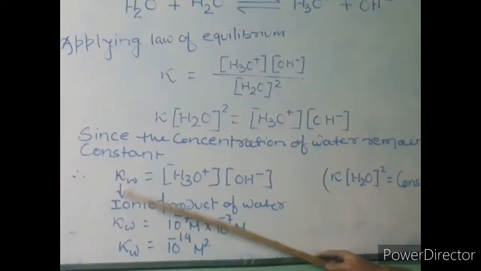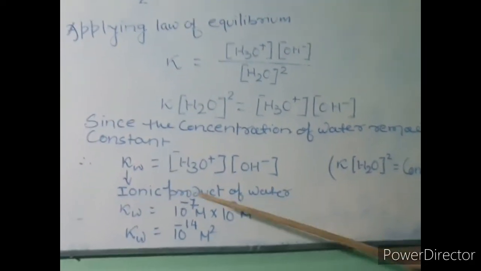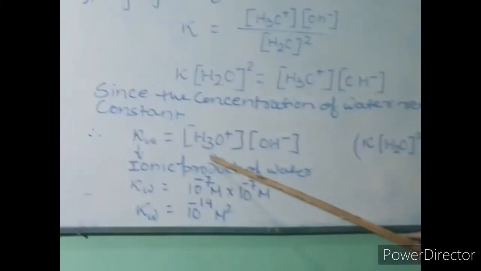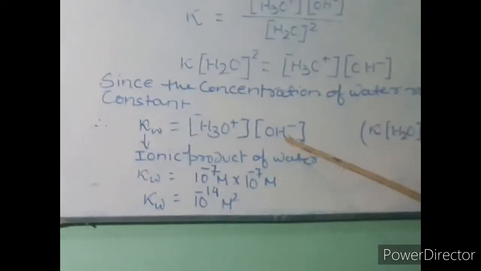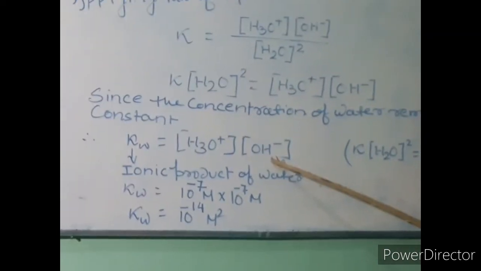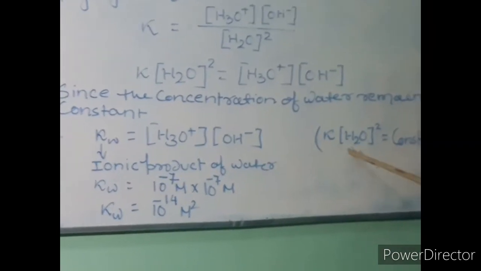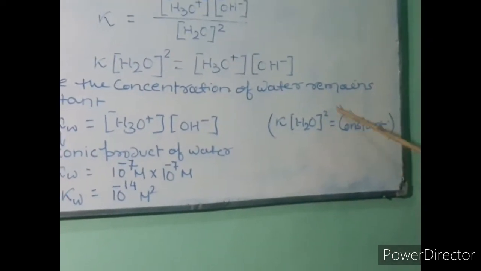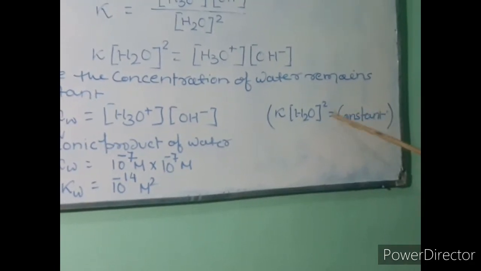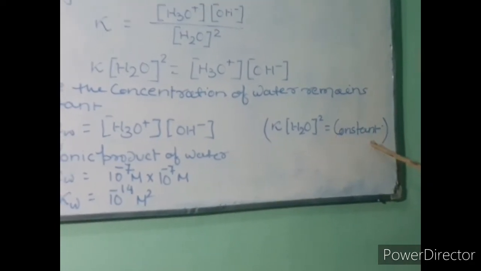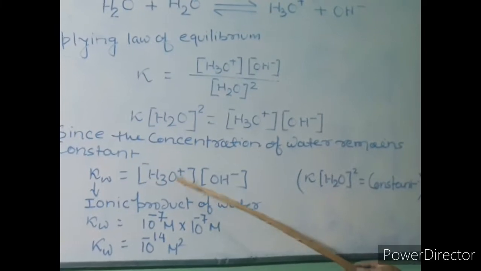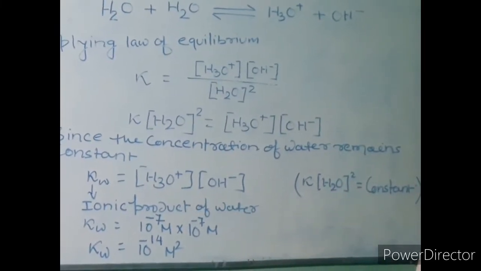Kw represents the ionic product of water, equal to the concentration of hydronium ion times the concentration of hydroxide ion. For your information, here again I have written it: K times the concentration of H2O raised to the power 2 equals a constant.